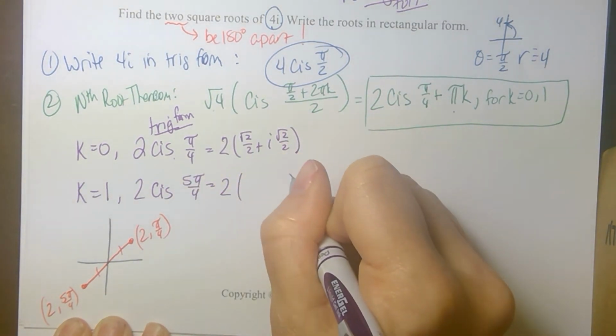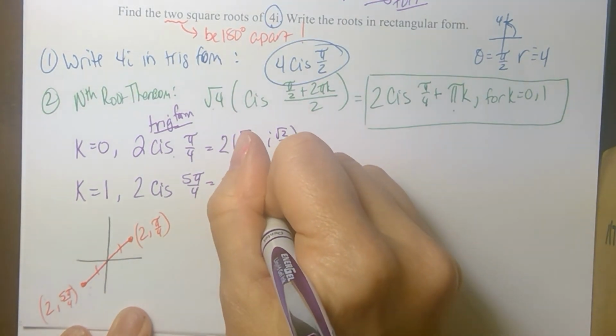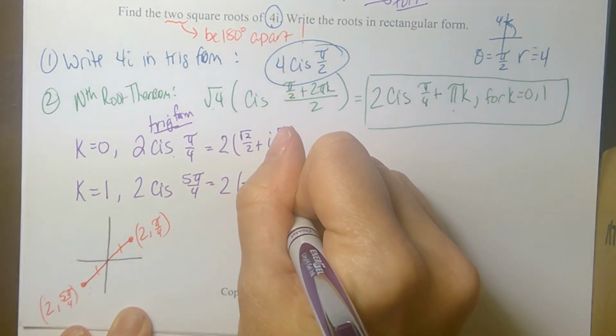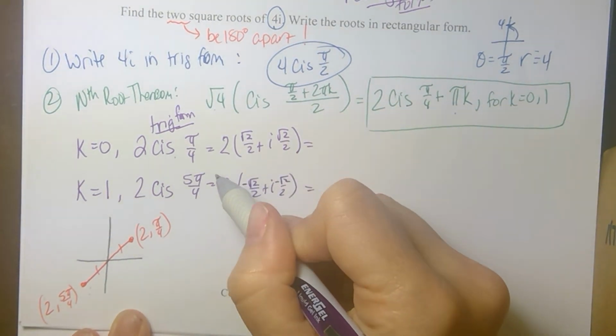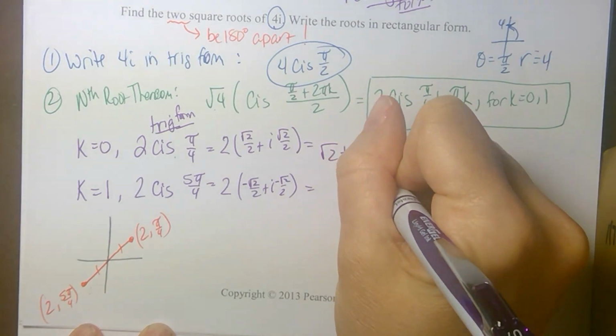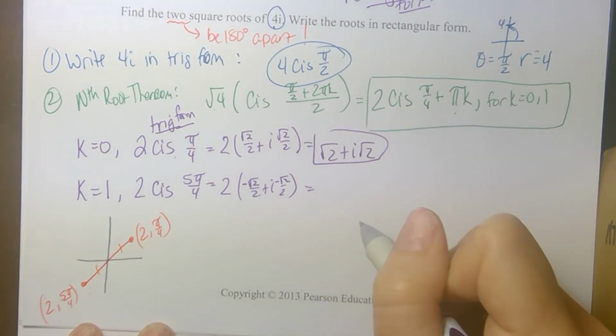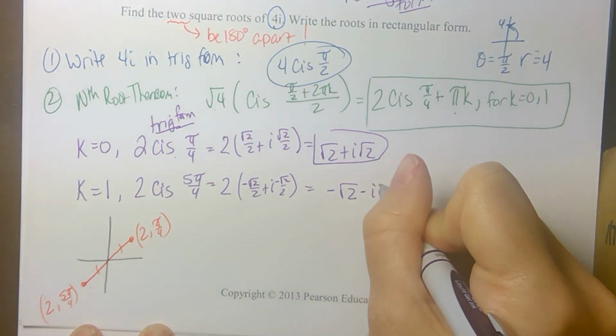And then for the other root, I find the values at 5 pi fourth. Well, 5 pi fourth is down here in quadrant 3, so both of those are negative. Make sure you watch your signs on these. When I distribute my modulus, I get square root 2 plus i square root 2. And then the second one comes out to be negative square root 2 minus i square root 2.